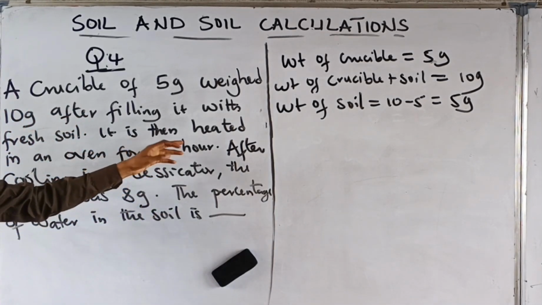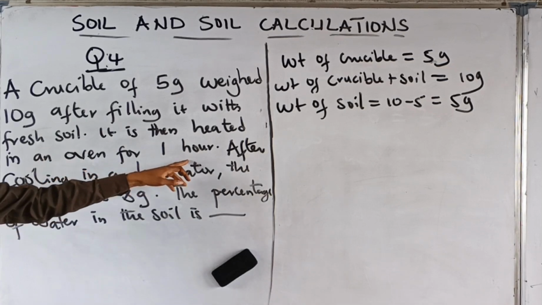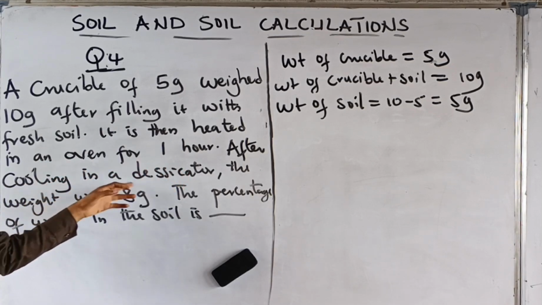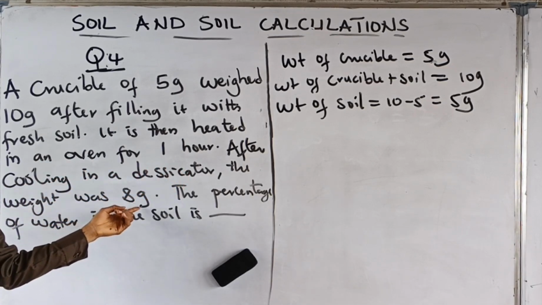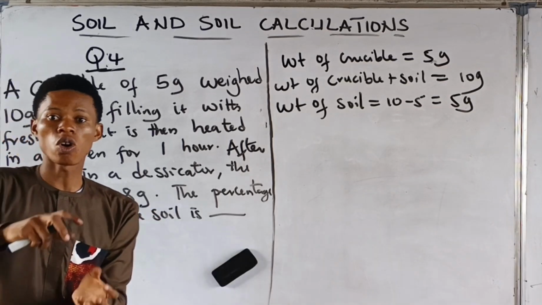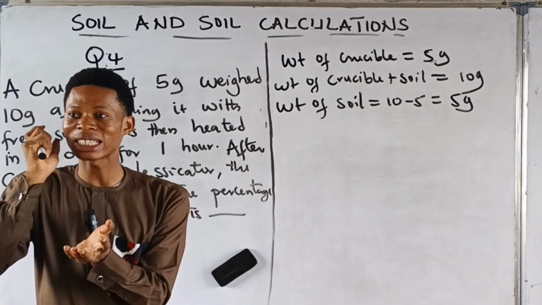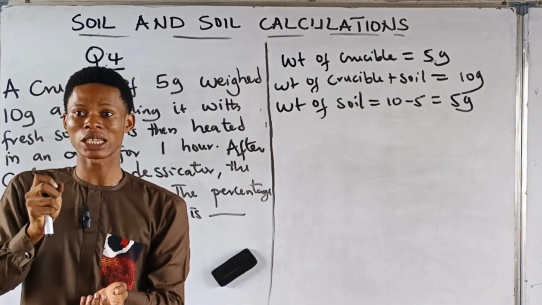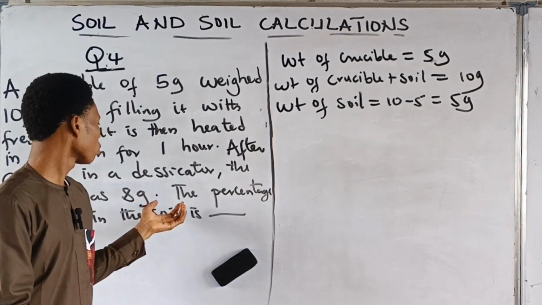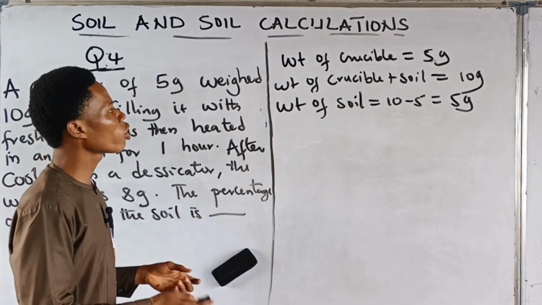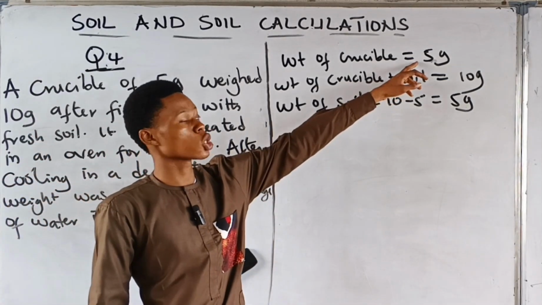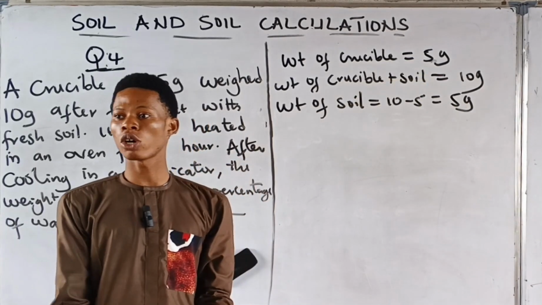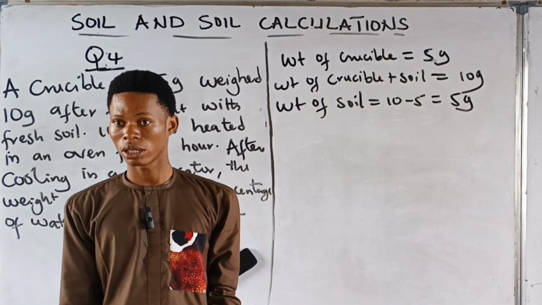Now, it is then heated in an oven for 1 hour. After cooling in a desiccator, the weight was 8 grams. The weight of the container and the soil is now 8 grams after heating in an oven. So we already know that the weight of the container was what? 5. Heating will not reduce the weight of the container, is it not?